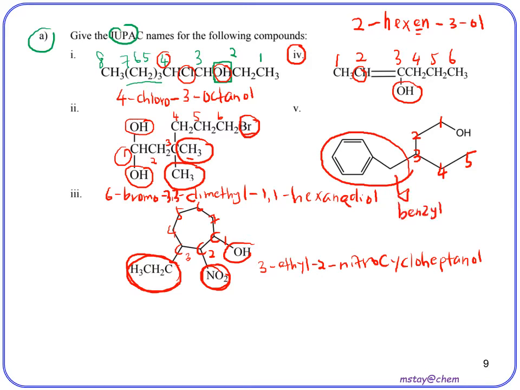Therefore, the naming for the fifth compound is: the longest carbon chain that consists of the hydroxyl group is carbon 1, with 5 carbons, so it is pentanol. The third carbon consists of a benzyl group, so it is 3-benzyl-1-pentanol.